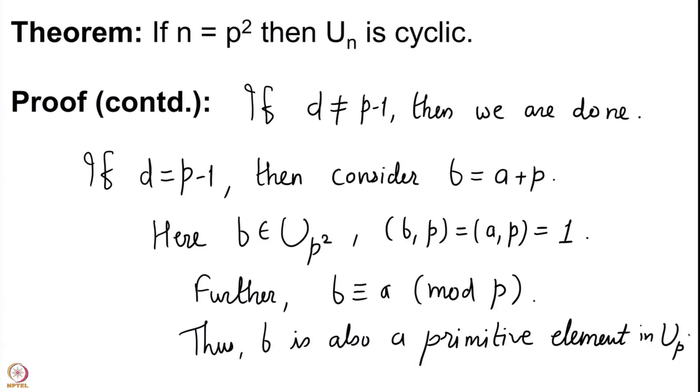So, all the discussion that we have done with a holds for the element b also, which is that the order of b modulo p square can be p minus 1 or p into p minus 1. And if you can now show that the order of b modulo p square is not p minus 1, then you have got a primitive root for p square.